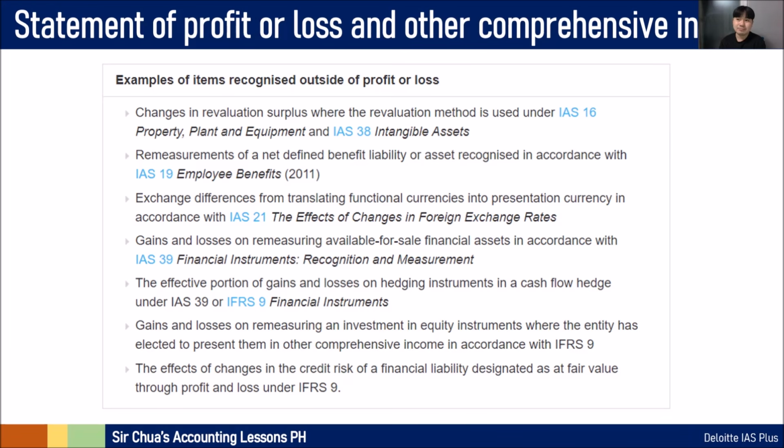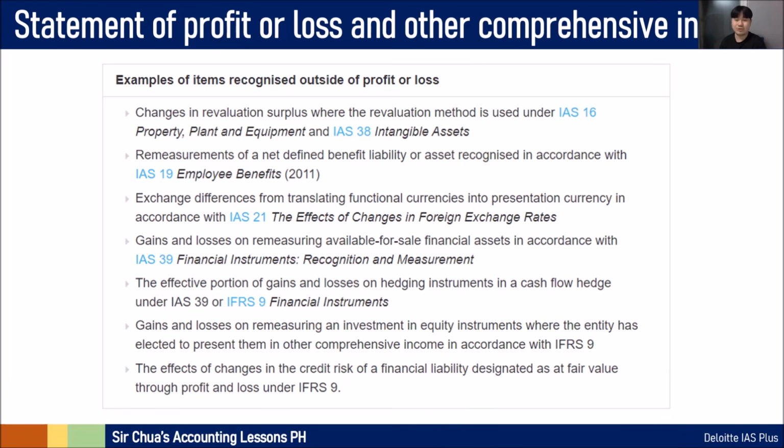But by the time that you will be discussing each of the financial statements and how to properly present them one by one, then that's the time that you will learn the deepness and the detail of OCI. But for preliminary discussion, these are the items recognized outside P&L and these are the examples of them. So screenshot nyo muna, but it's not expected naman na gets nyo agad yan.